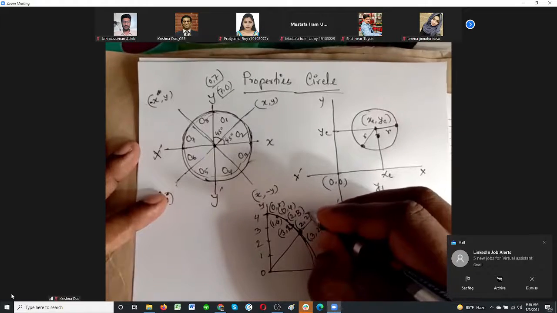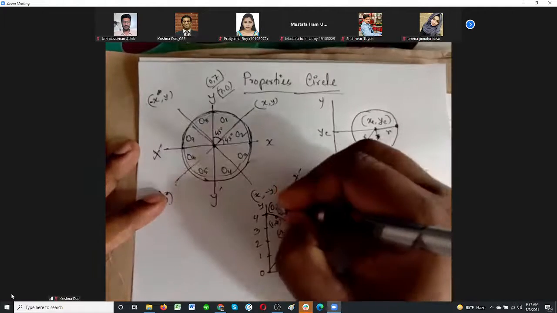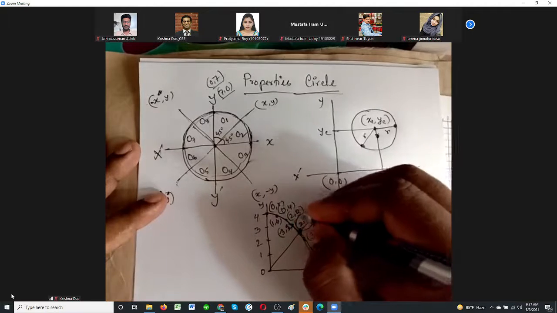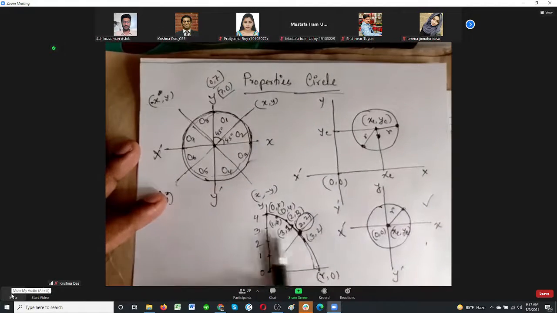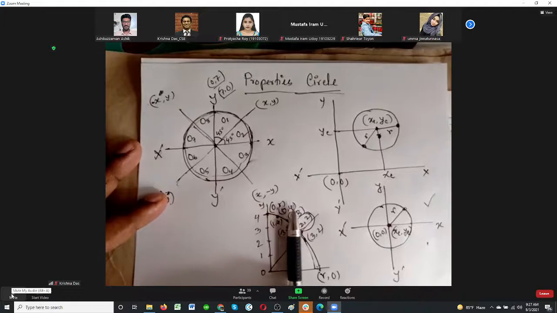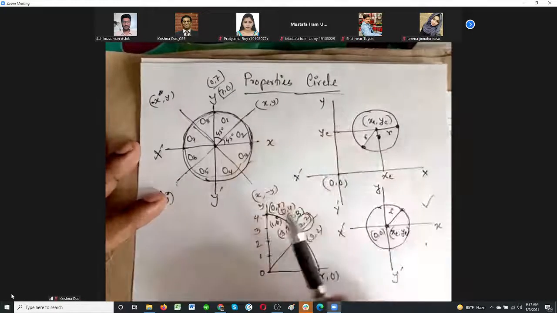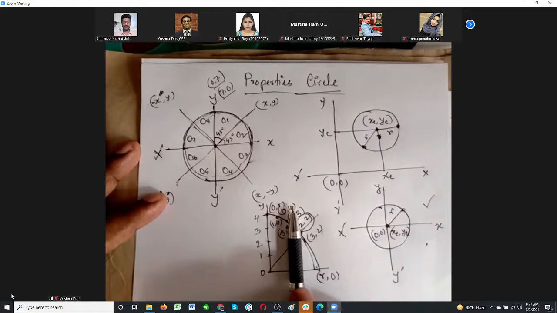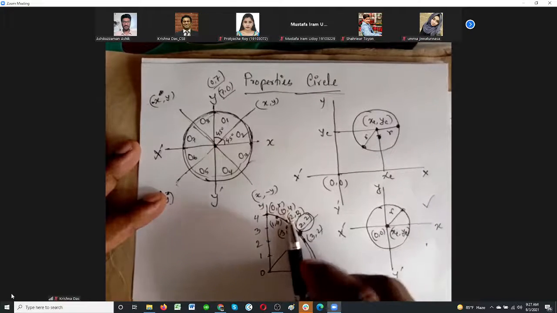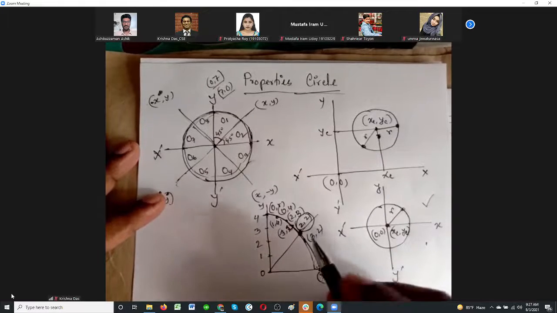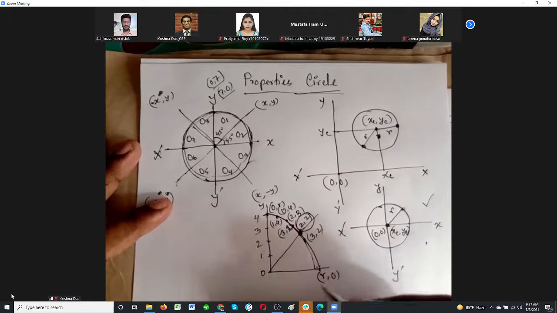But at this point, the values for x will be increased and the values for y will be decreased, right? That is happening because we are moving downward. So the values for y are going down, but the values for x are increasing. At some point there are chances they are equal, at 45 degrees, the x and y values could be equal.